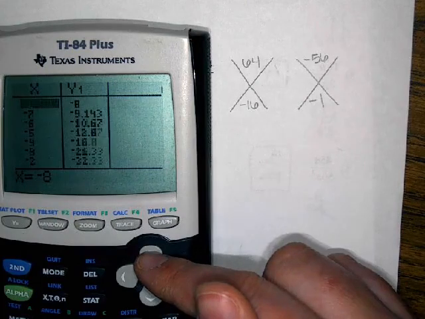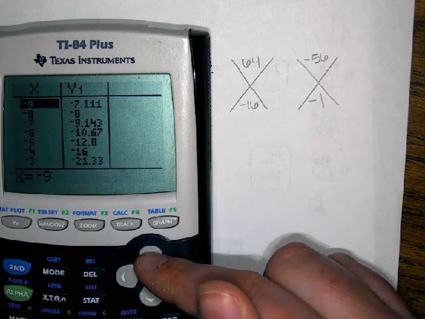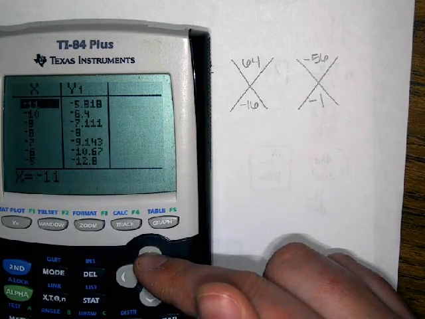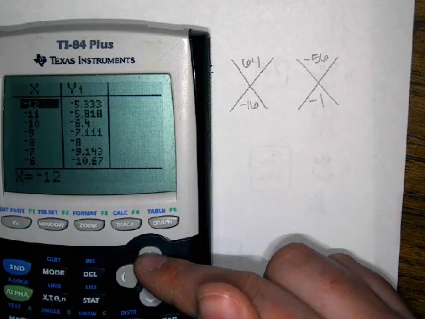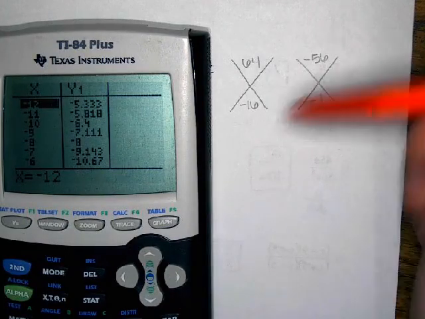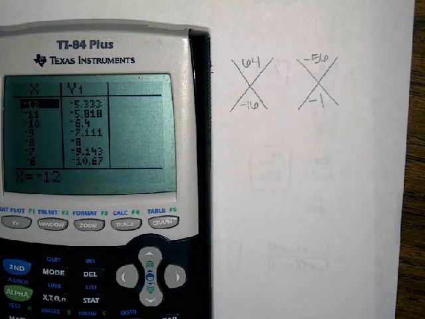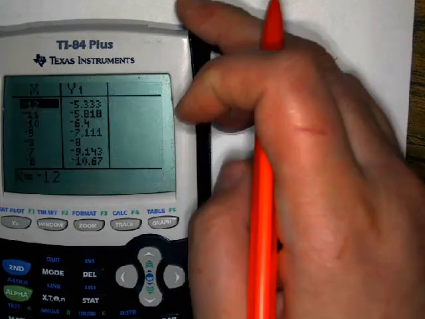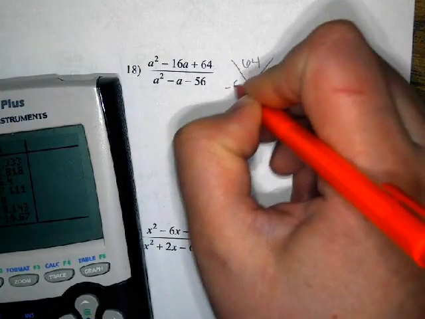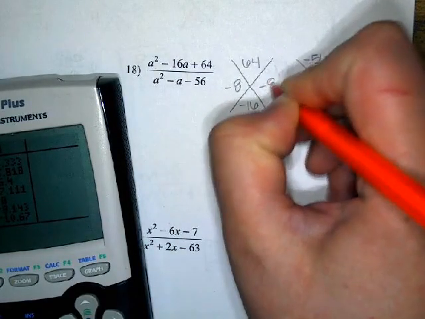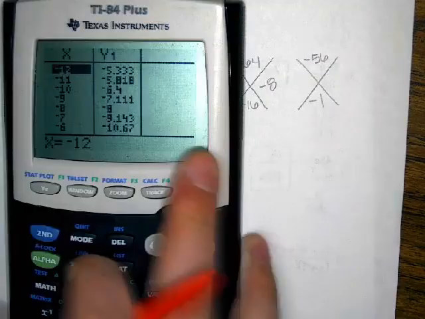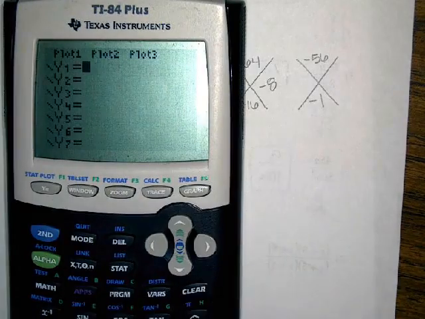Anyone see it? What numbers multiply to 64 but add to negative 16? 8? Negative 8, negative 8. Okay. And then we got to look at what multiplies to negative 56 and adds to negative 1.